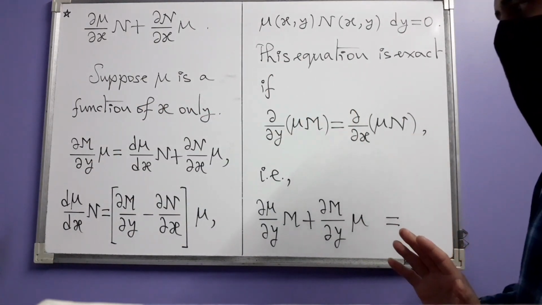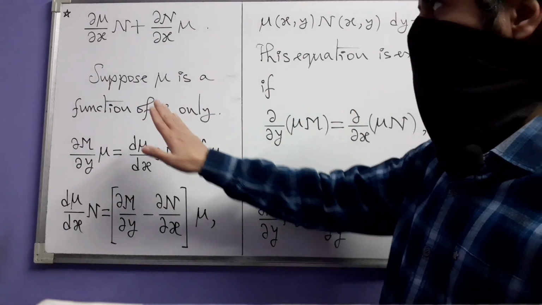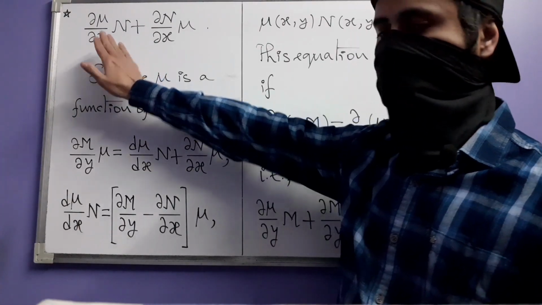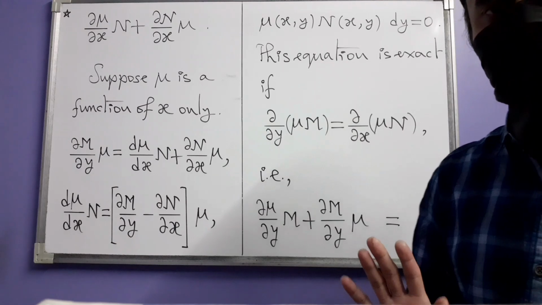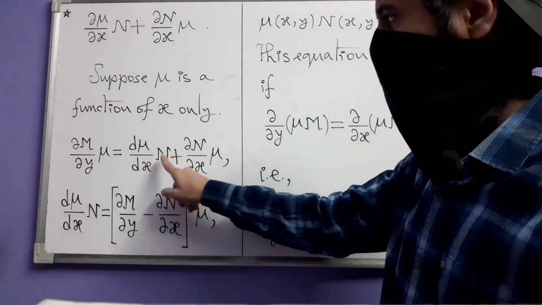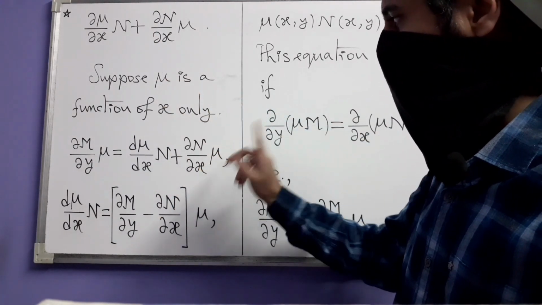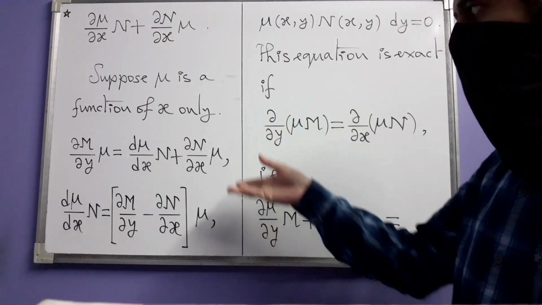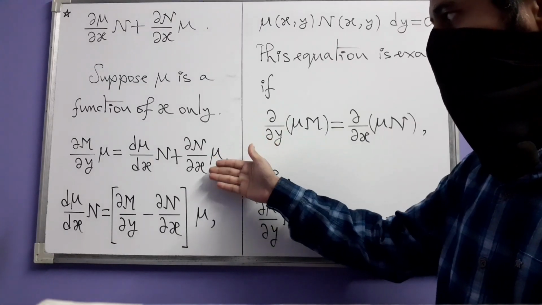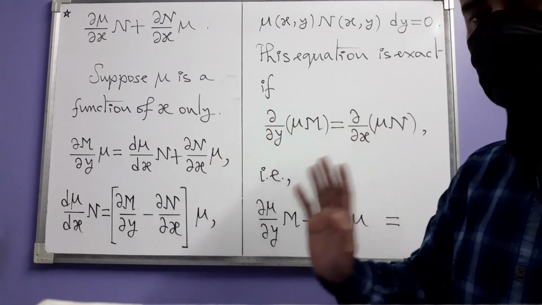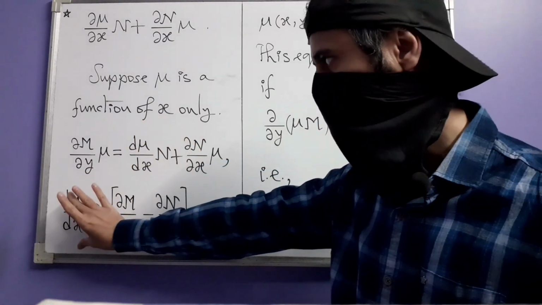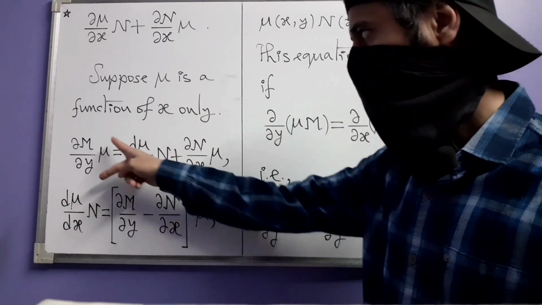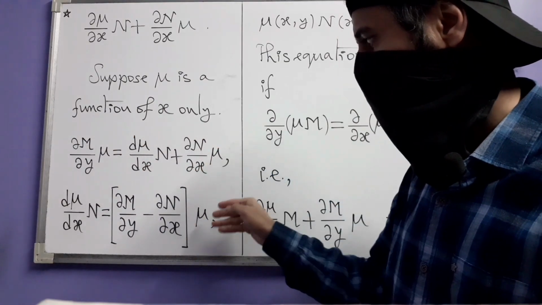What happens on the right hand side? Not much. The only change is that this partial derivative turns into an ordinary derivative because mu is a function of x only. So d mu dx times n plus del m del x times mu. And then we subtract this second term on the right hand side from both sides. So that's how we get this equal to this minus this times mu.